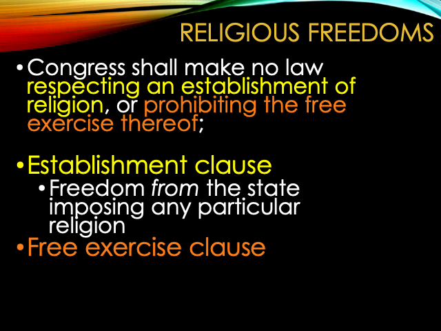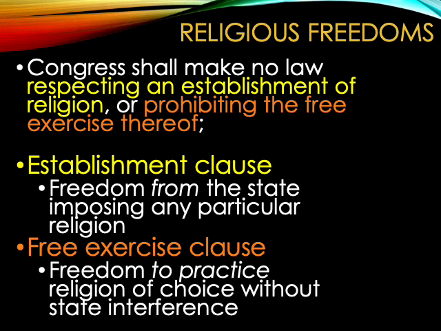The other clause within that first clause of the First Amendment is known as the Free Exercise Clause. What does that mean? Well, the Establishment Clause is telling the states you can't establish a religion, right? The Free Exercise Clause is telling the states and the federal government, the people are free to practice the religion of their choice without state interference, okay?